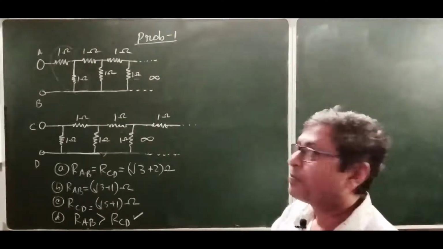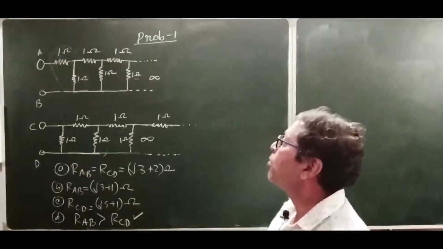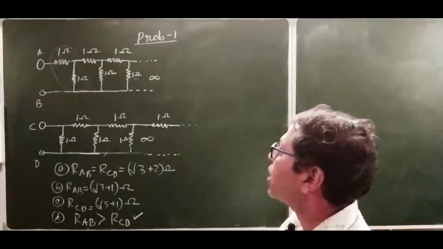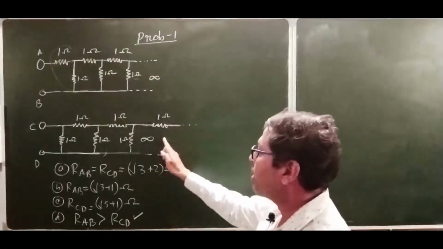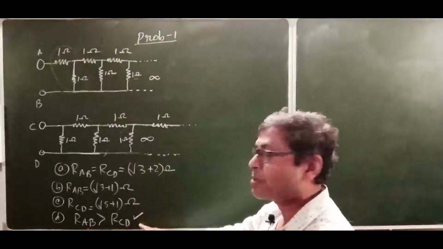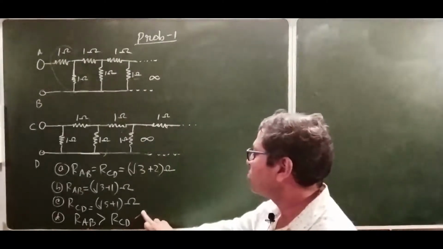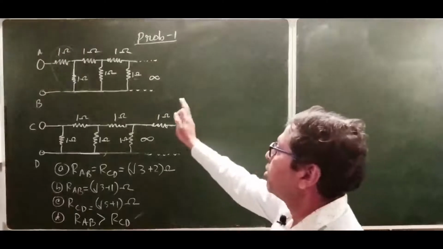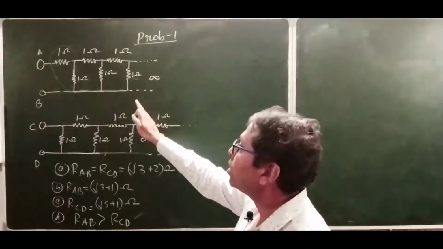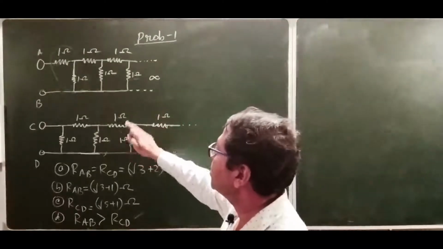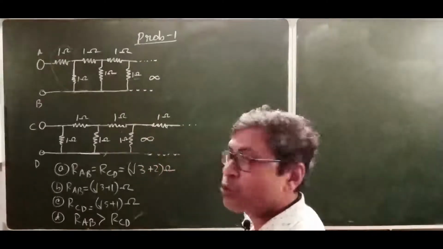So let's begin. In problem 1, two circuits are given and there are 4 options. Now if you closely watch the circuits, both go to infinity.